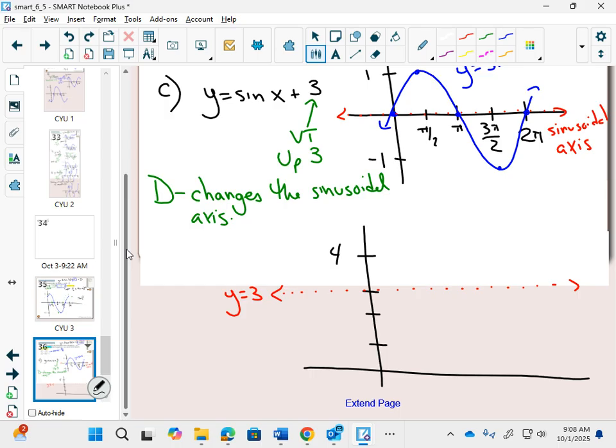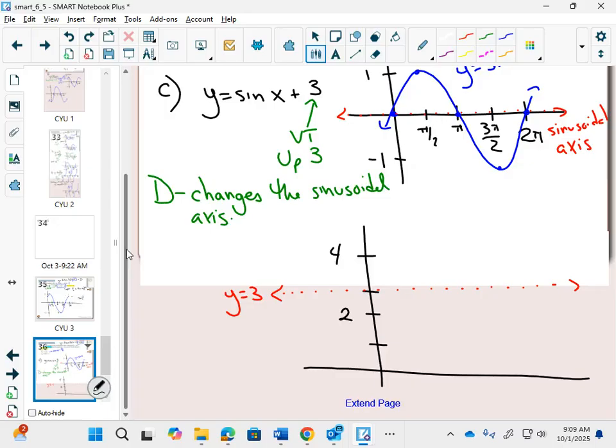And if I shifted this minimum value up 3 units, I now have a minimum at 2. So when we graph, you'll notice that I always mark my maximum and minimum with my amplitude. Now my maximum and minimum change because my D value moves up.